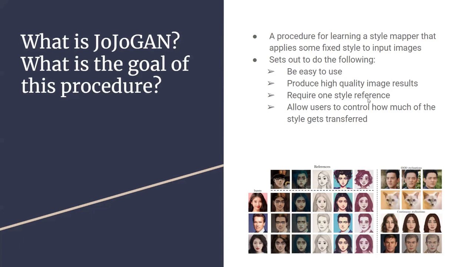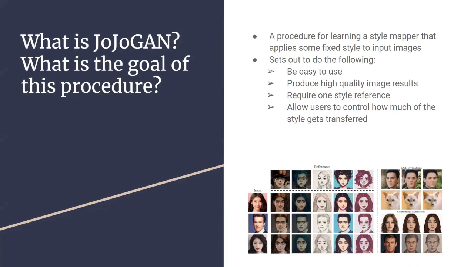So the goals of this particular procedure, compared to other similar ones, are to be easy to use and produce high quality image results, and require only one style reference or allow users to control how much of the style gets transferred.